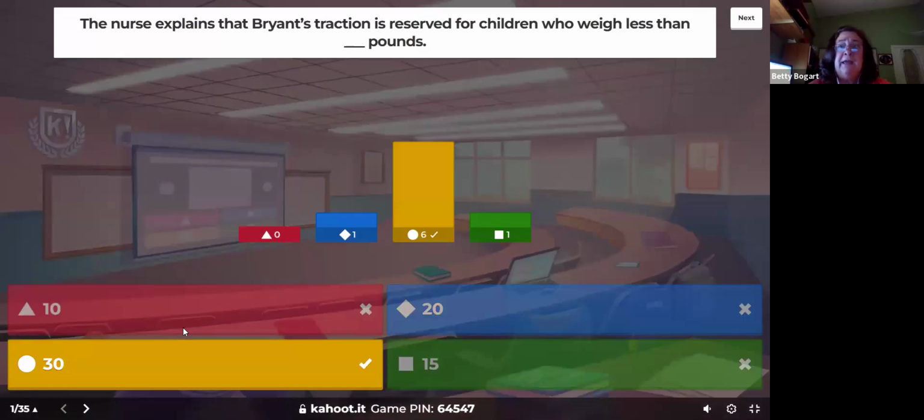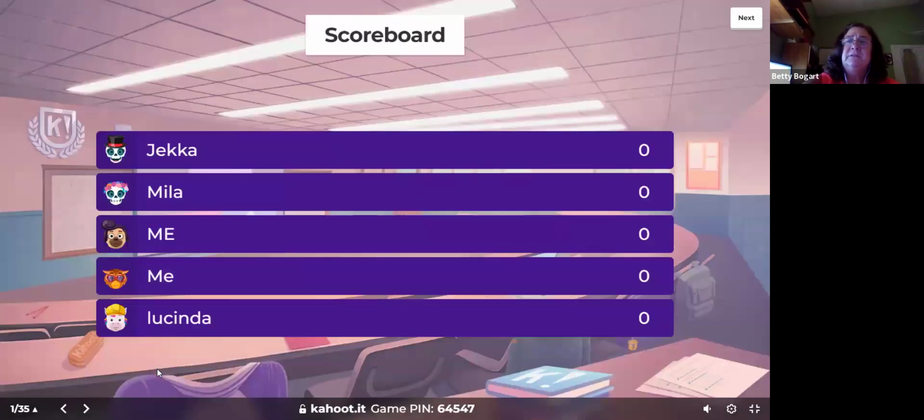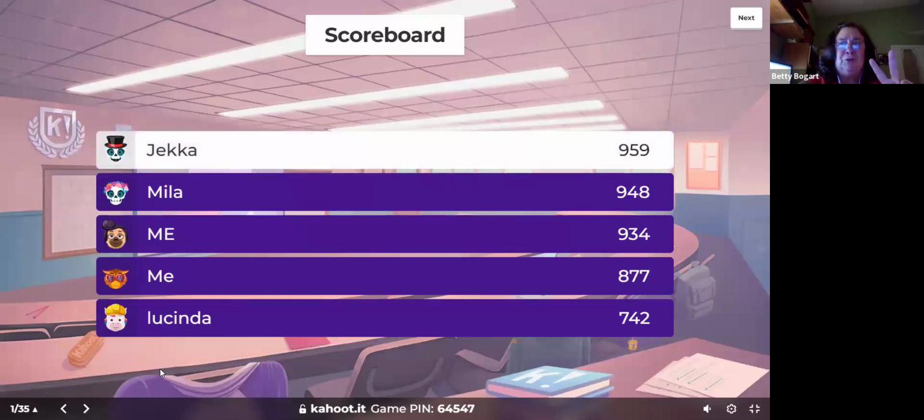So you have to be less than 30 pounds. The recommended weight is between 20 and 30 pounds and under the age of 2.